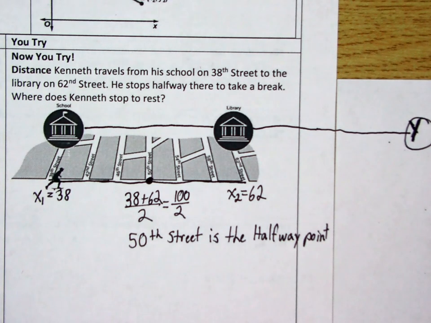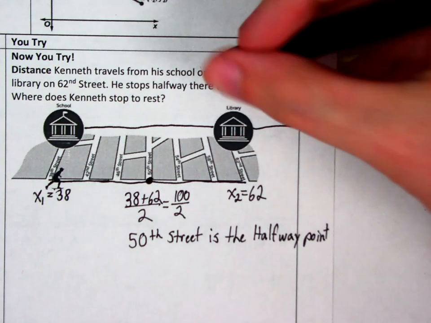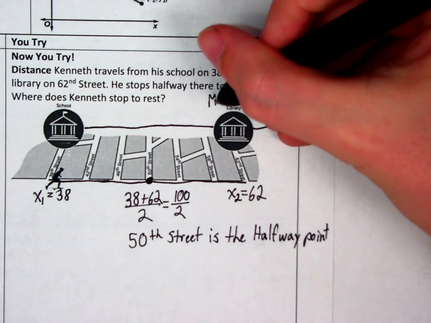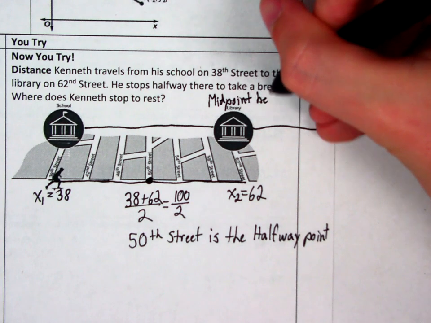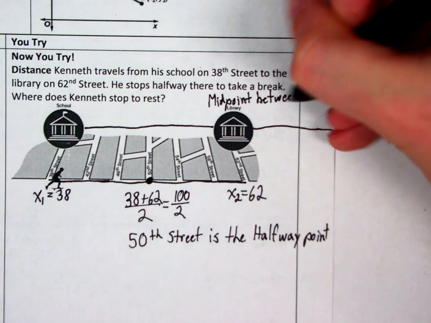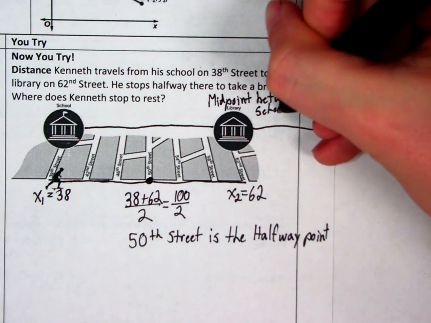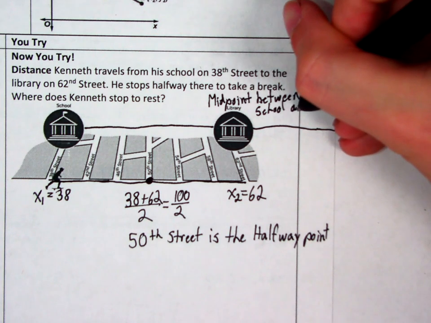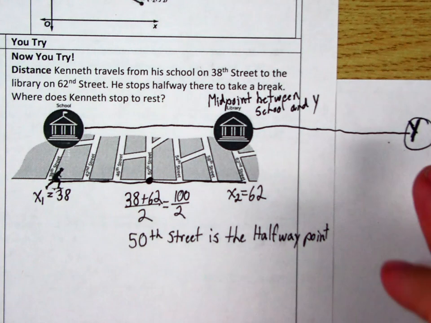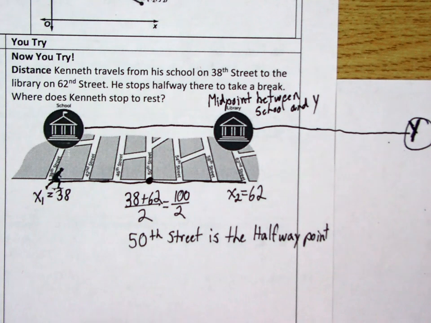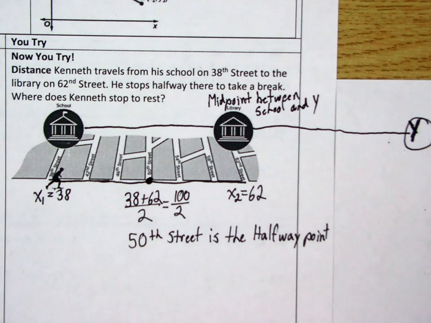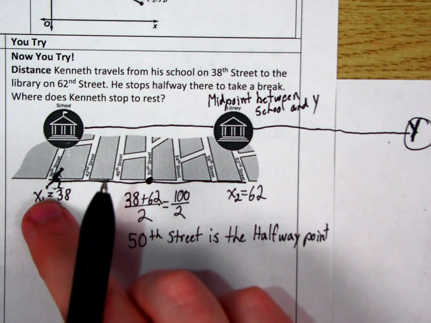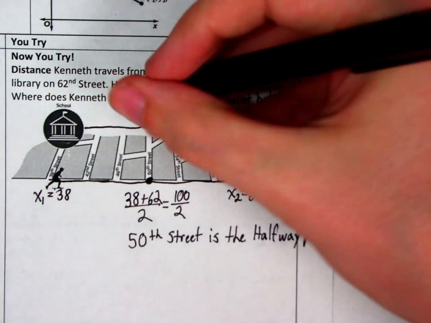We can make use of the fact that the library is the midpoint between school and Y to find where the Y is. If you know how far it is from the school to the library, and we can sort of see that from 38 to 62nd, we can see it's 24 blocks.